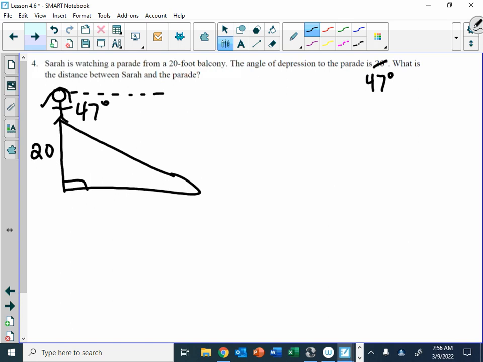What is the distance between Sarah and the parade? Is that going to be the other leg or the hypotenuse? The parade's down here. How far away is Sarah from the parade?